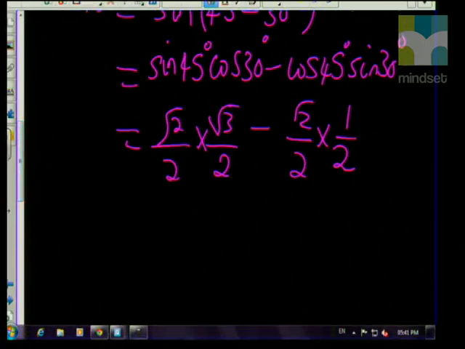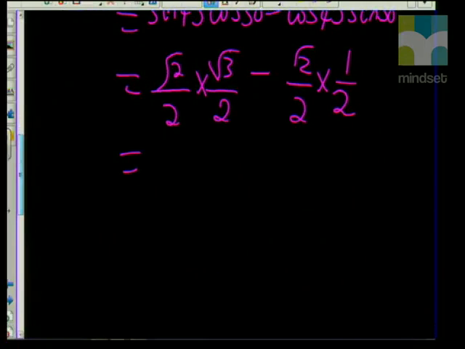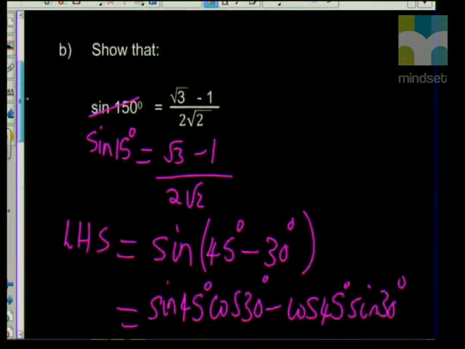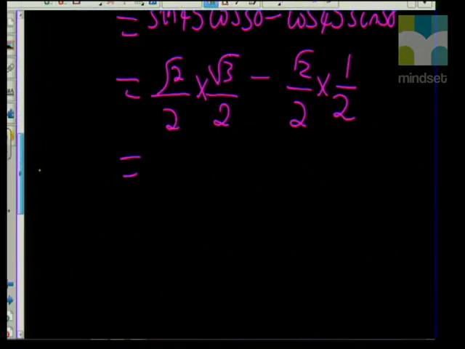Moving on, we go back, we check, this question needs us to prove that this is root 3 minus 1 all over 2 root 2. Now, this is root 3 times root 2 minus root 2 all over 4.